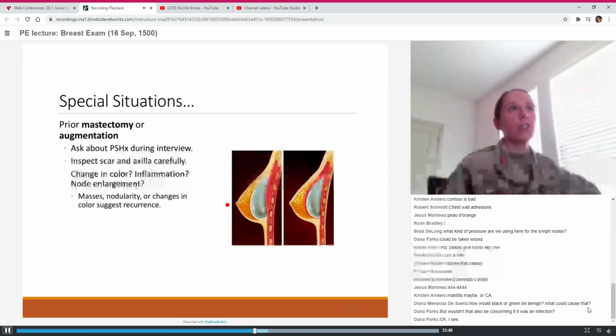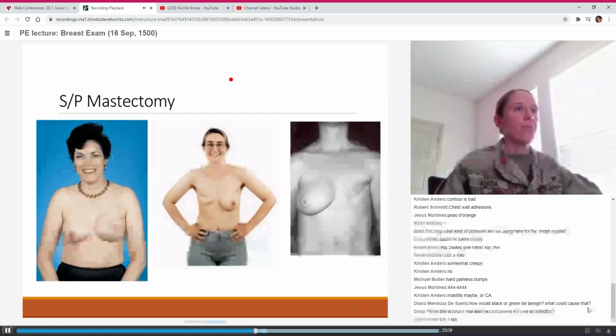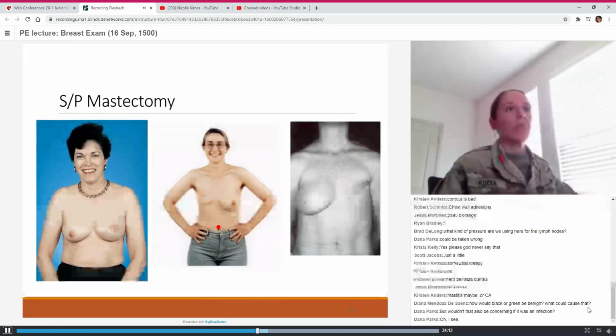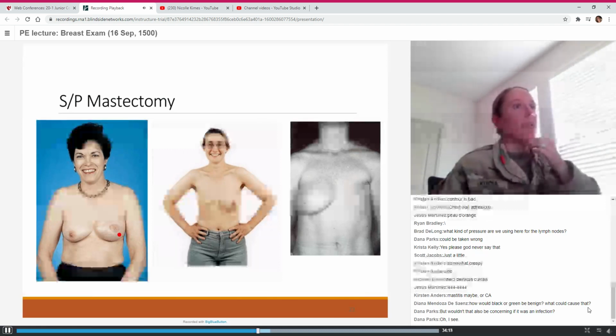You're still going to do the same exam, noting the exact same things. Okay, look, these people still need breast exams, right? These individuals have had mastectomies. This is how it's going to look. It looks a little surprising, especially if you haven't seen it before, or if they wear clothing that has padding, right? So this can be a surprise. Don't let it surprise you. Just examine like normal.